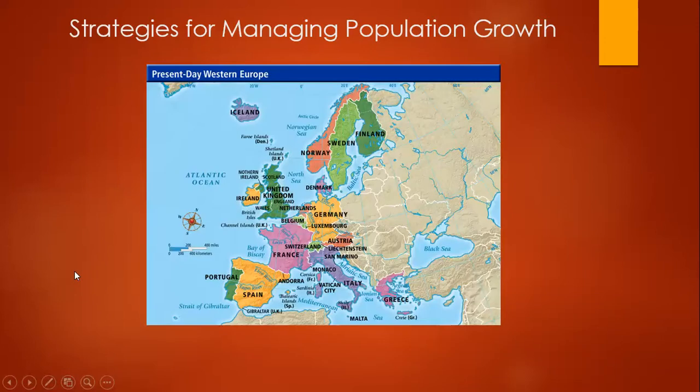Let's take a look at Western Europe. Western Europe, as we talked about before, has lots of places undergoing zero population growth or even negative growth. Some of them are finding that their population is either approaching zero or declining. While this is good from an environmental standpoint, there are some economic concerns associated with zero population growth.